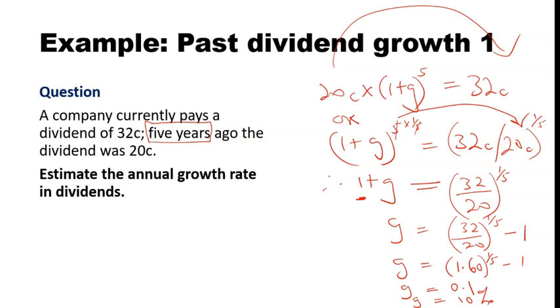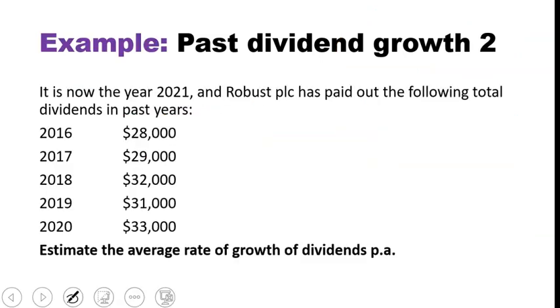So simple, isn't it? That's the formula. Now let us look at the determination of years if we are given data like this in the exam. It is now the year 2021 and Robust PLC has paid out the following total dividends in past years. So that's the dividend history given there. How do we determine n?